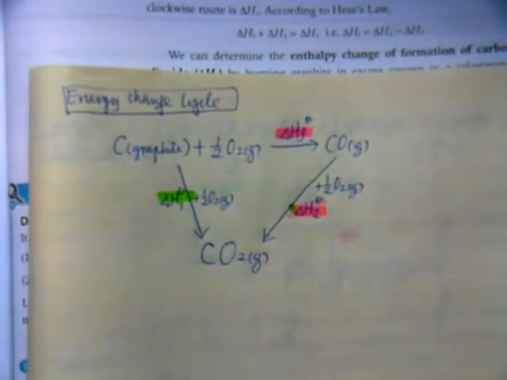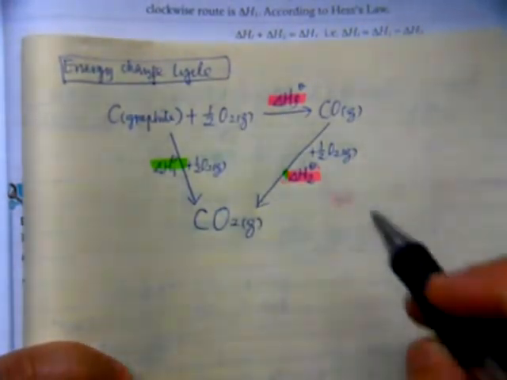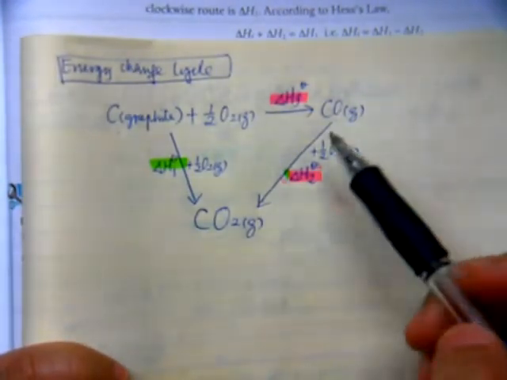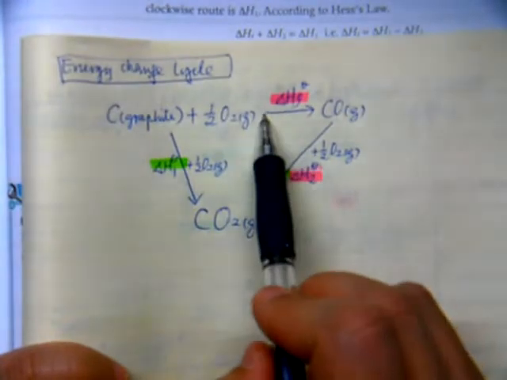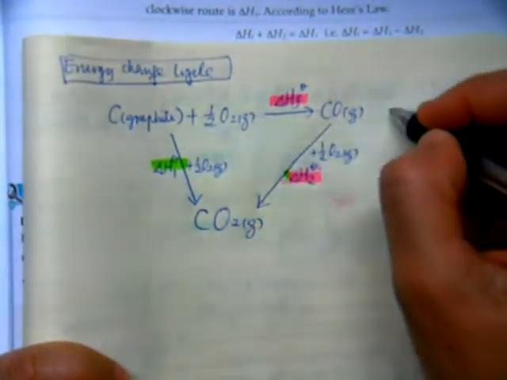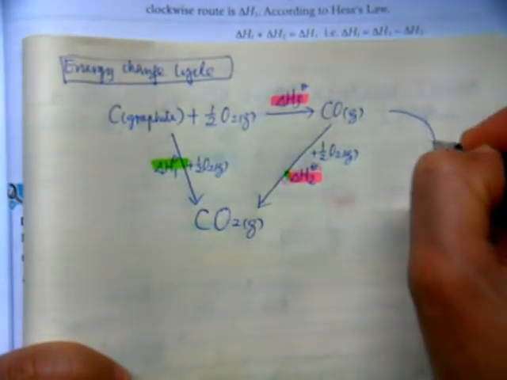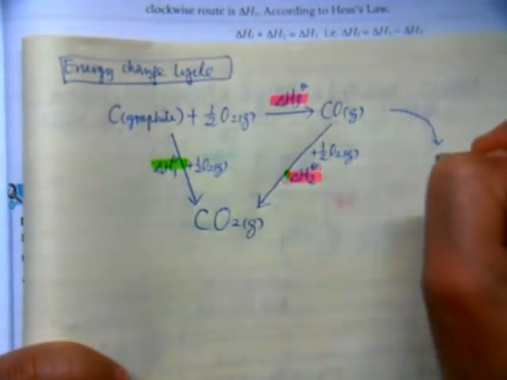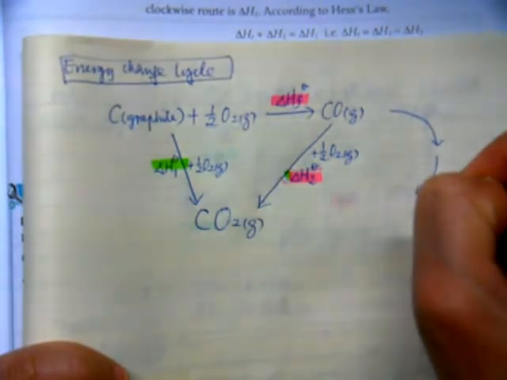Now, how to identify which two belong to the same route? You may use the arrow. Now, this arrow pointing, you may consider clockwise. And then this arrow is also pointing clockwise.